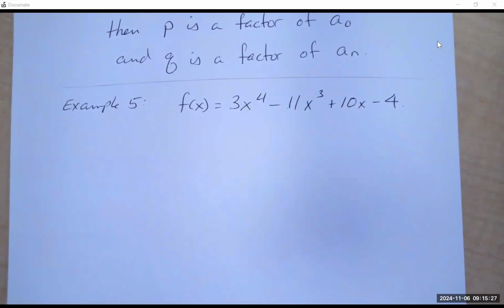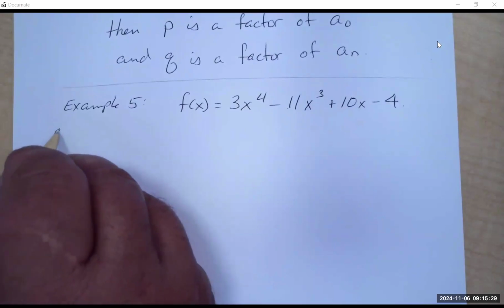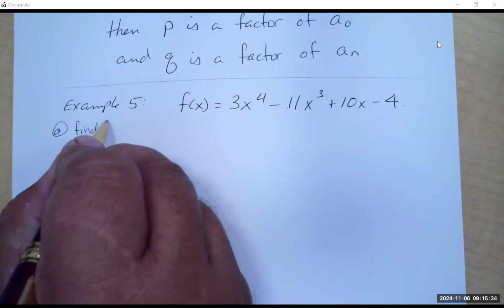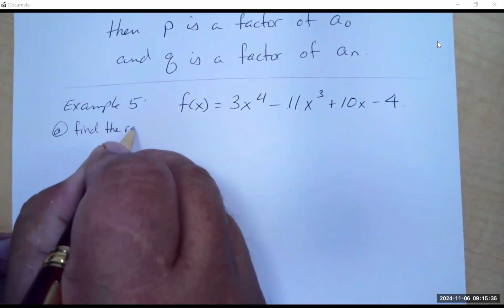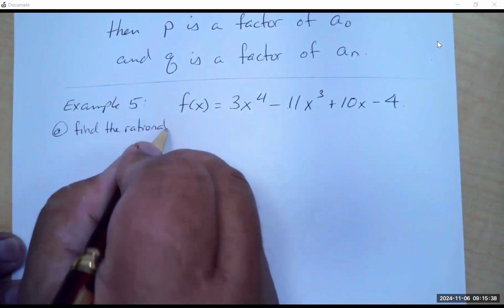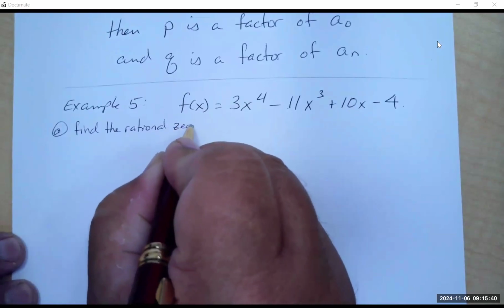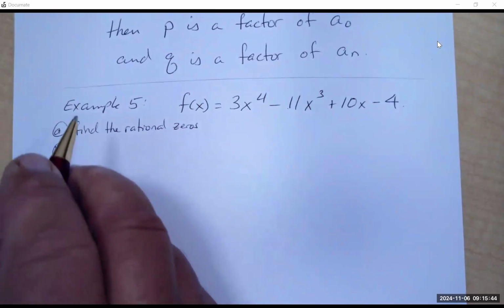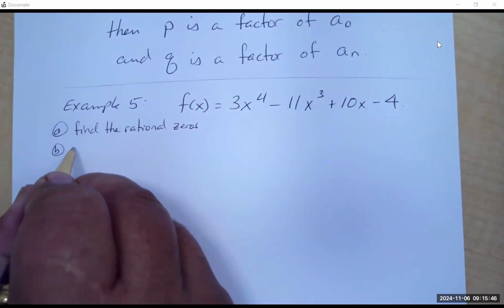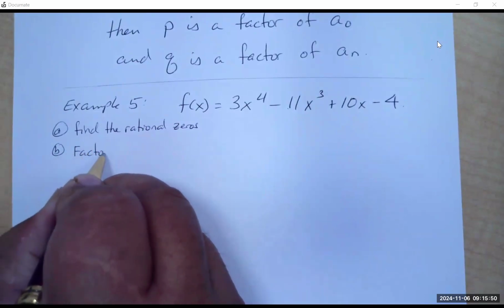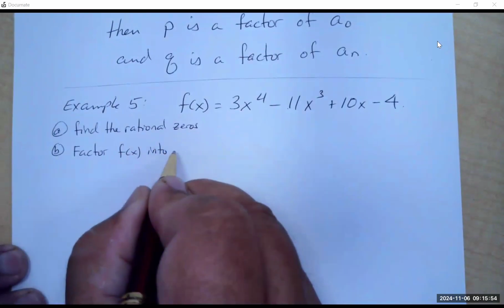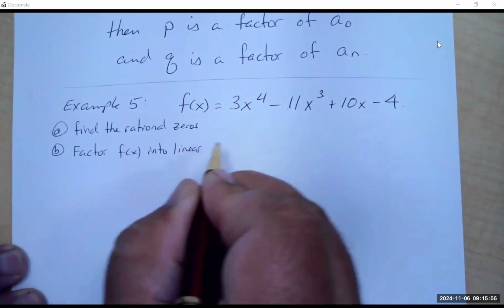The question is, given this, find the rational zeros and factor f of x into linear factors.